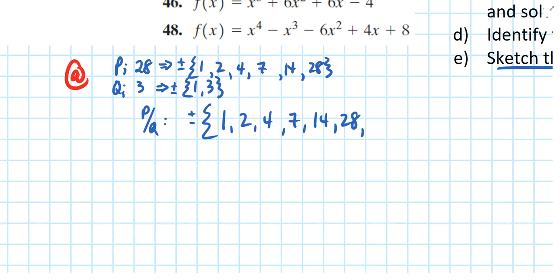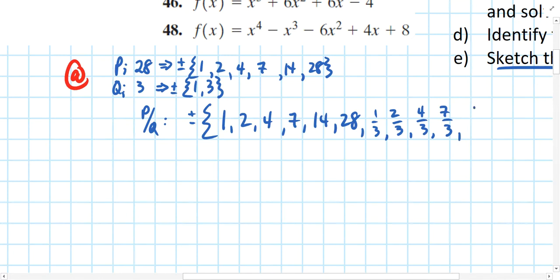So when we think of unique results, that's going to be 1/3, 2/3, both positive and negative of each of these. That's why I put my positive and negative sign in front of the grouping symbol here. We'll need 4/3, 4 divided by 3. We'll need 7/3, 14/3, and that can't be reduced.